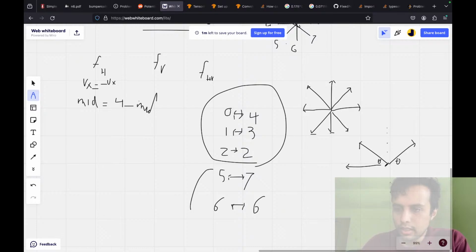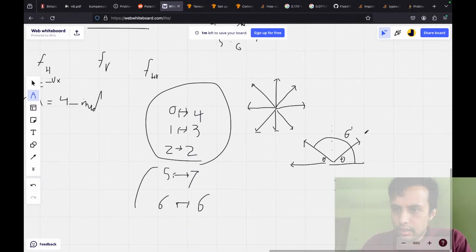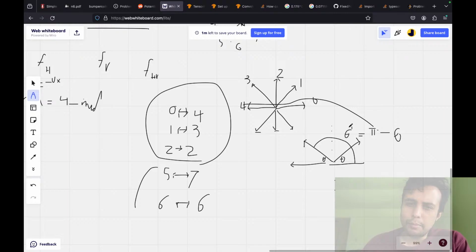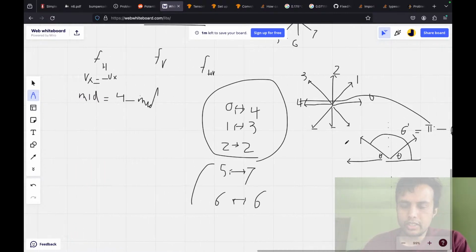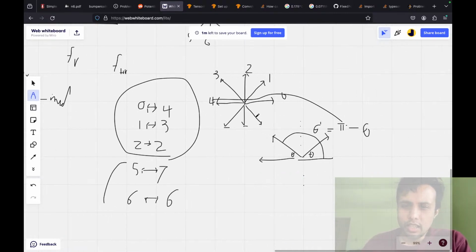So theta prime, the transformed thing, equals pi minus theta. So pi is basically 0, 1, 2, 3, 4. This explains why this 4 minus mid makes sense. So probably this is correct. But let's see what happens here.